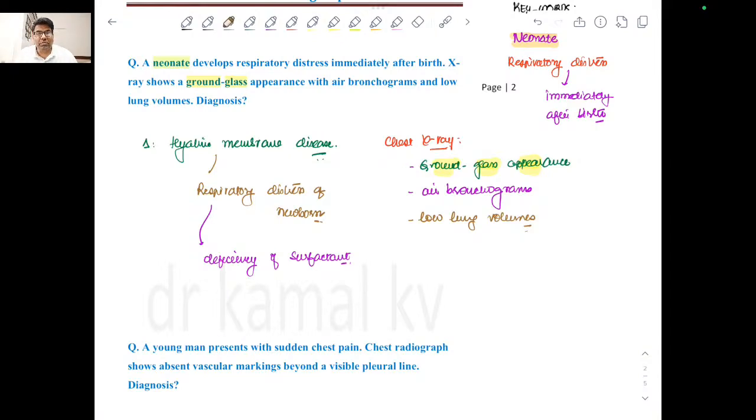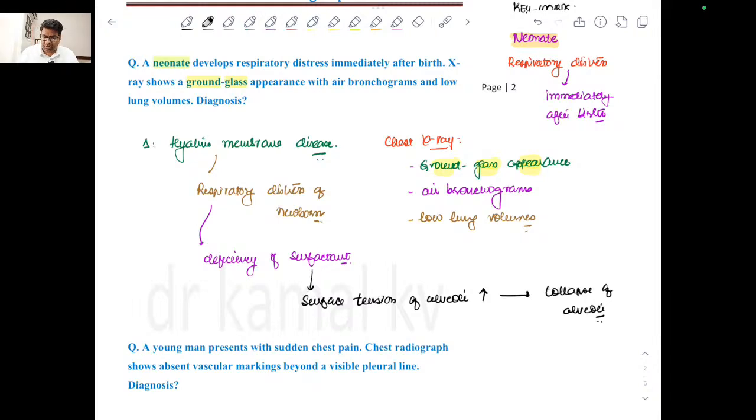And we know what is the function of surfactant? Surfactant keeps the alveoli inflated. So the moment surfactant is less, the surface tension of alveoli increases, and this leads to collapse of alveoli and therefore respiratory distress.